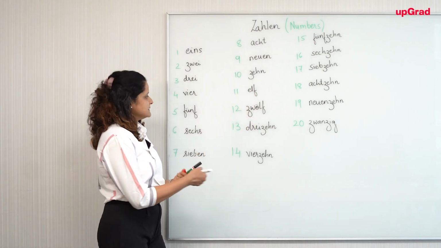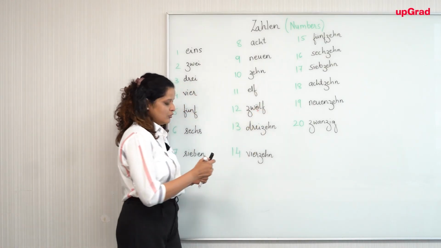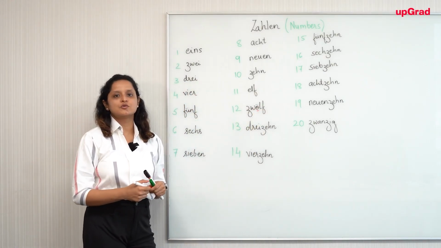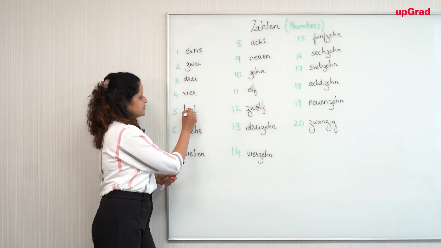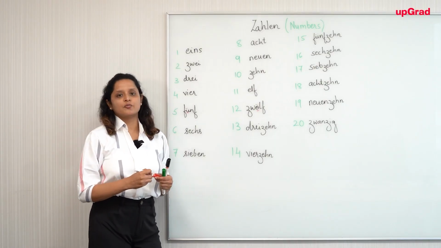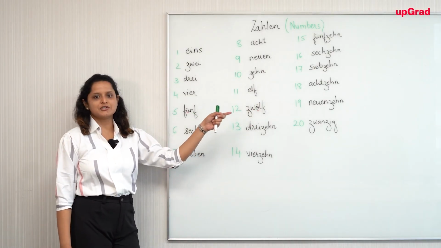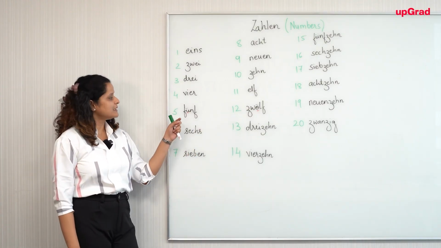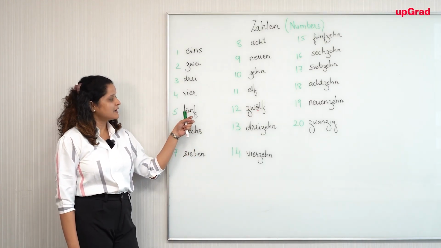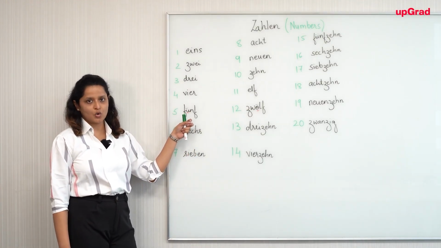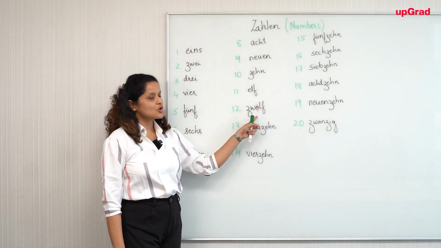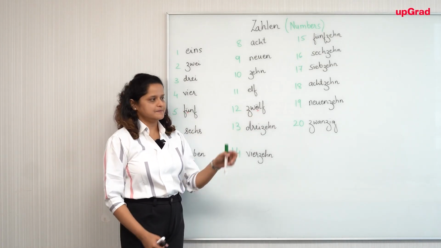See the umlaut here, O umlaut, so the sound changes for 12. Similarly, here the sound changes for 5. These are the umlauts that change the pronunciation a little bit. So this becomes 5 with Ü, and this becomes 12 with Ö.